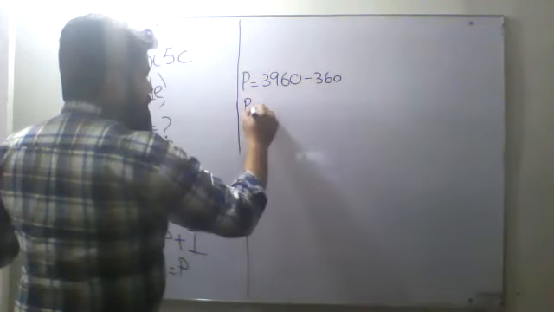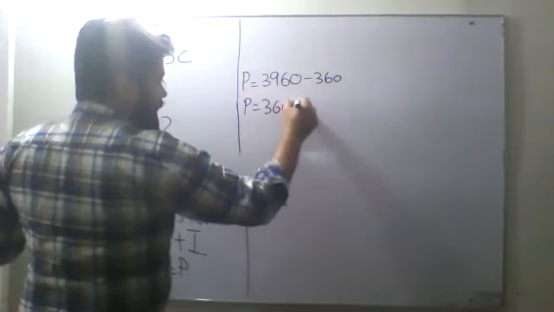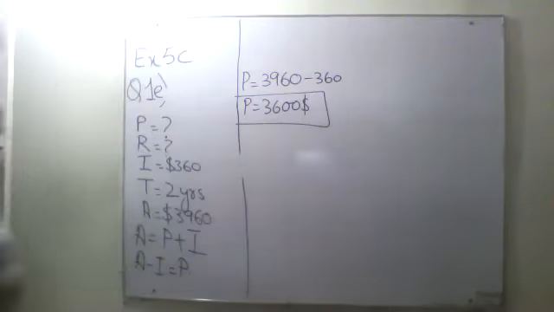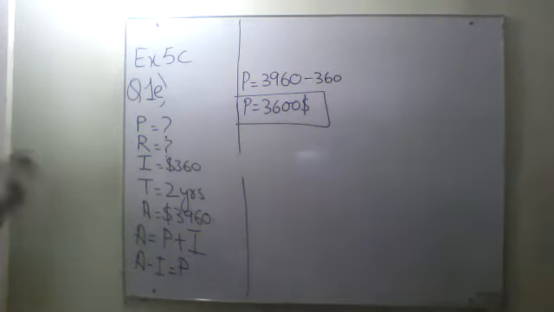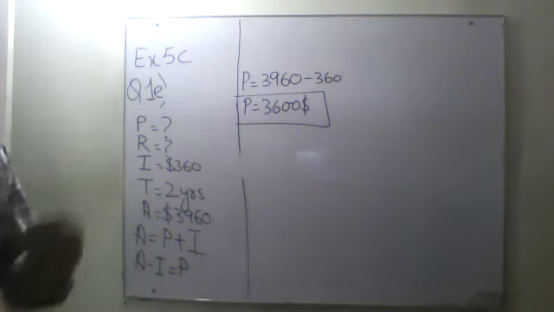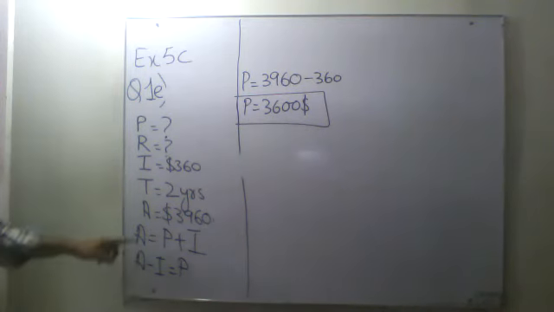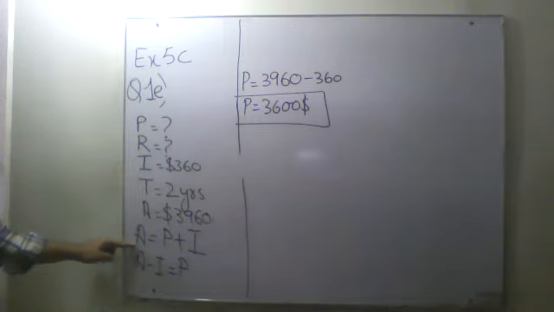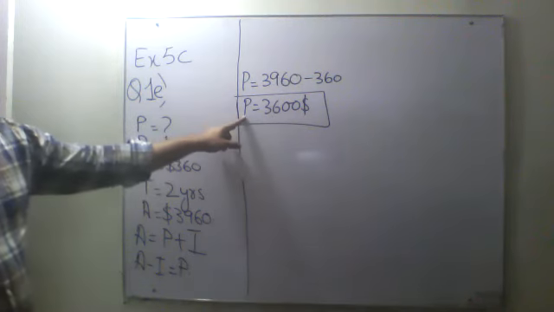So P equals to $3,600. That's the principal amount I'm getting. I have solved it by using this formula.